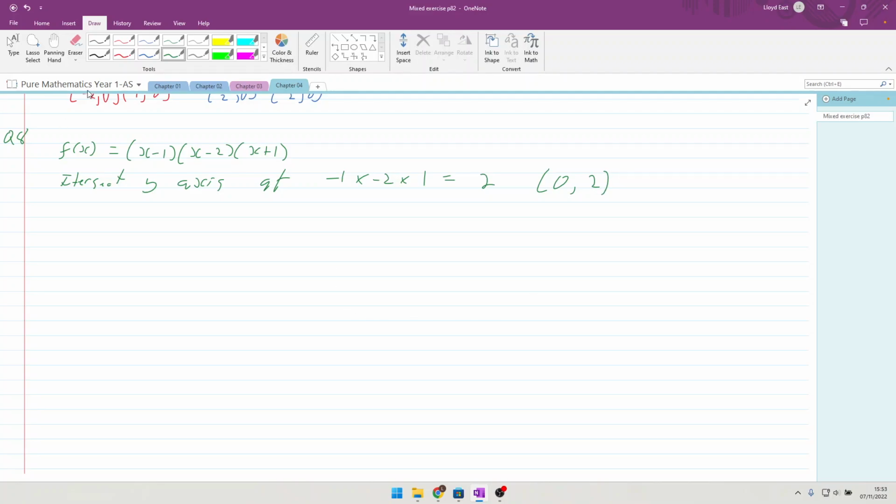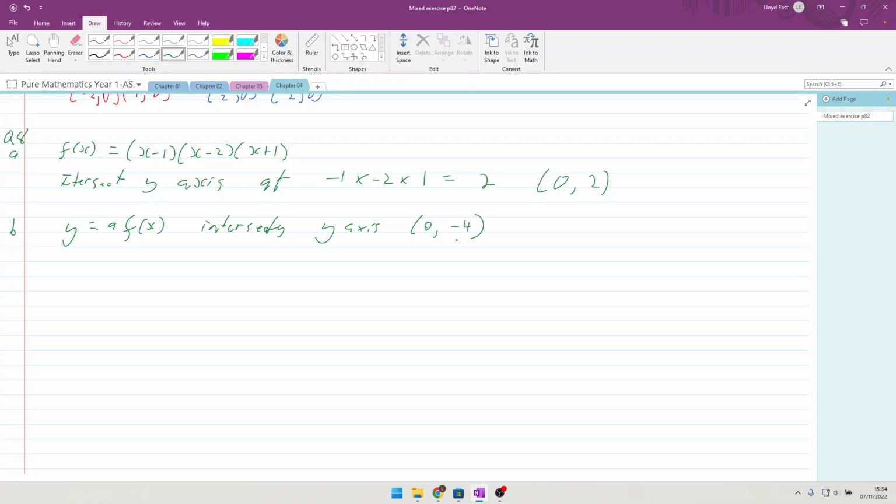So now they tell us that B, the graph y equals a of f of x intersects the y-axis at (0, -4). Okay, find a.